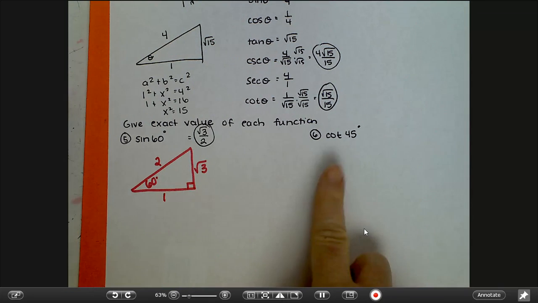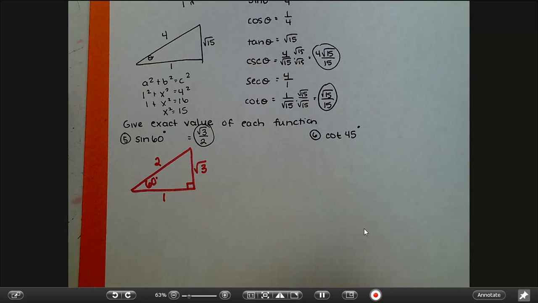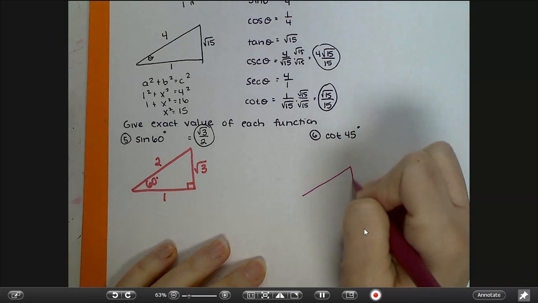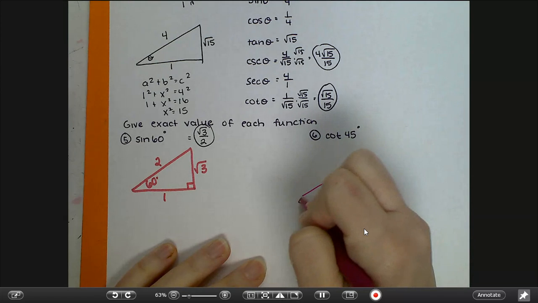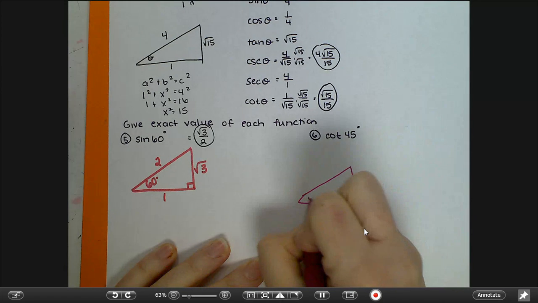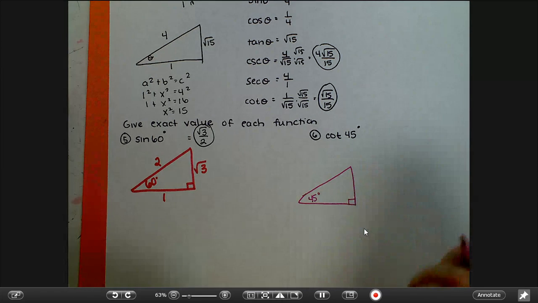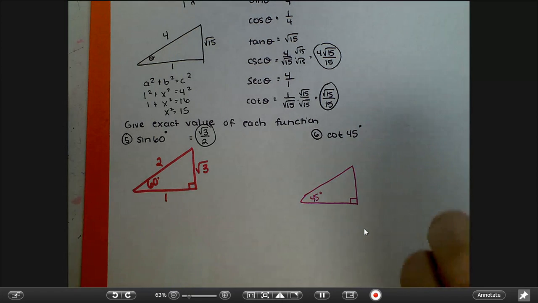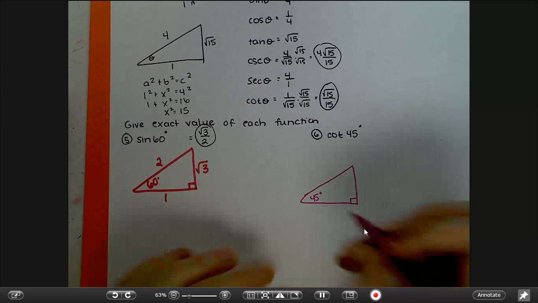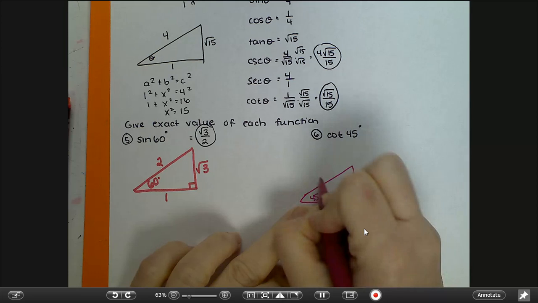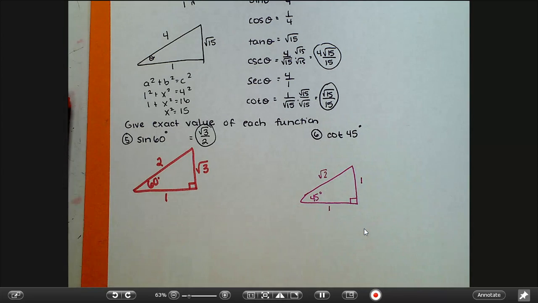All right, let's do cotangent. So again, we know this is a special right triangle. We can draw our 45, 45, 90 right triangle. This is not drawn to scale. Put the 45 in one of the angles and think about what cotangent means. For me, it's easier to think about it as tangent, or like, write the 45 and I just write the little ratios here. 1, 1, root 2.